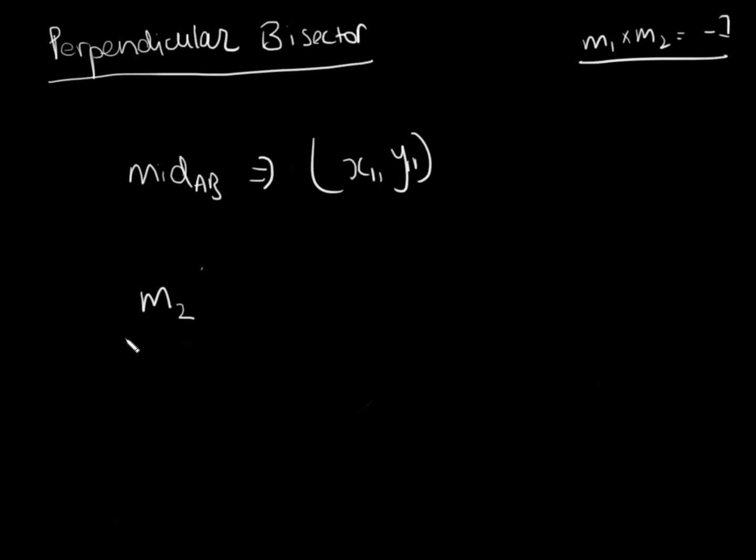So we have the gradient of the perpendicular bisector and the coordinates of a point that lies on the perpendicular bisector. And here we can just use this equation, the point gradient equation.